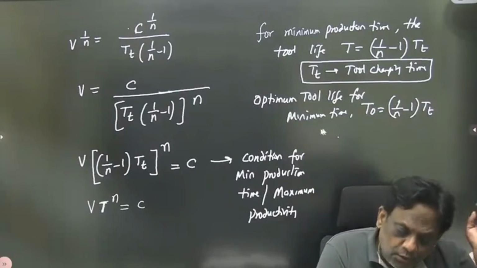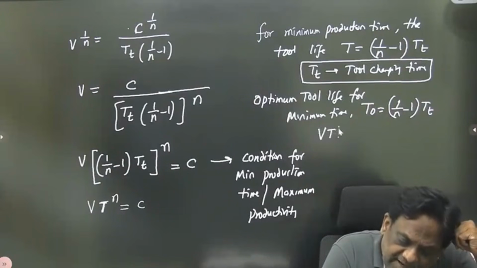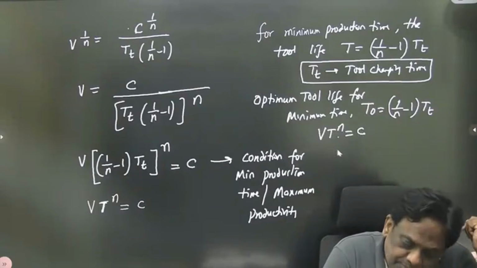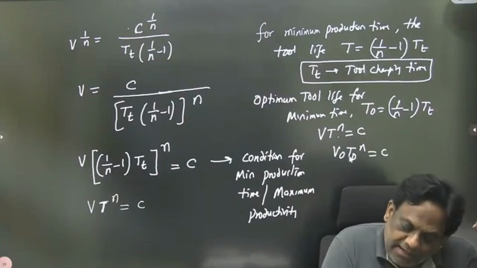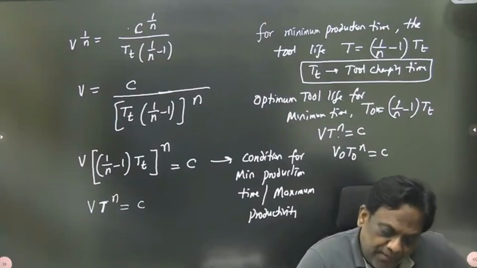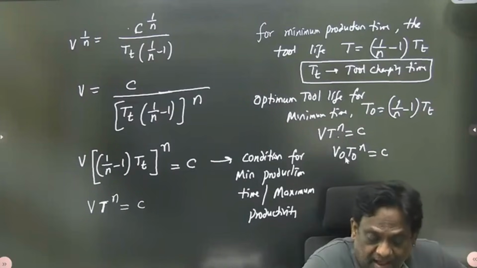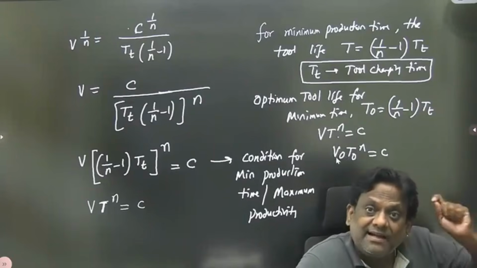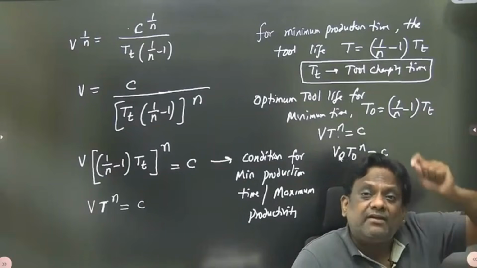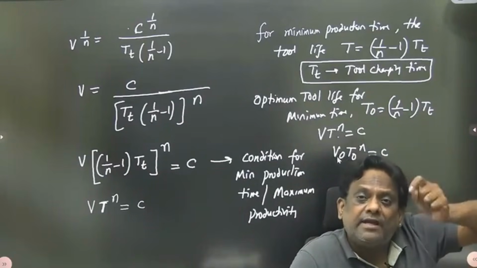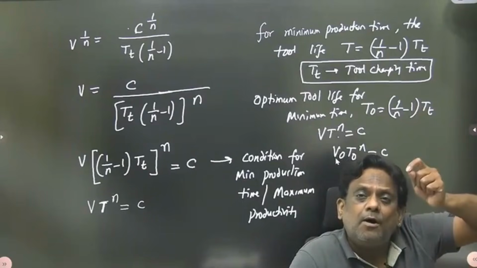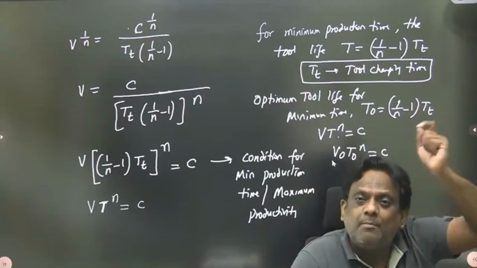Or, you know, V T power n is constant, or V naught T naught power n is constant. Already T naught is known. So if I put the T naught value here, I will get this velocity. And that is the optimum cutting velocity at which you get the minimum production time or maximum productivity.